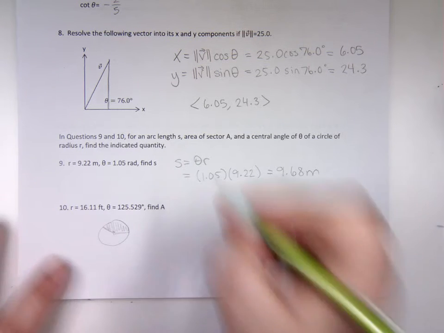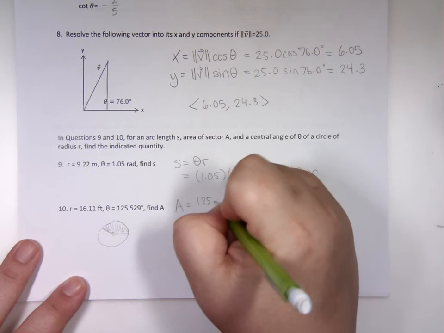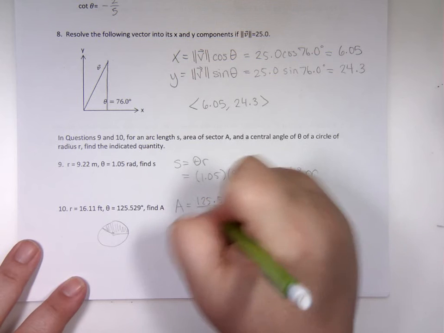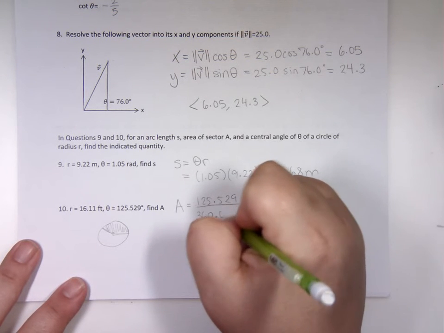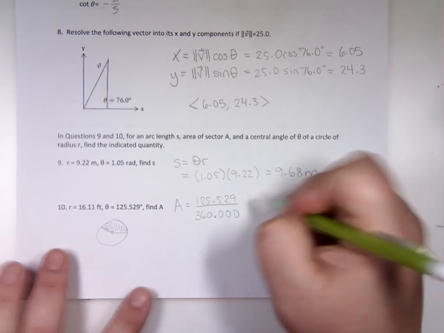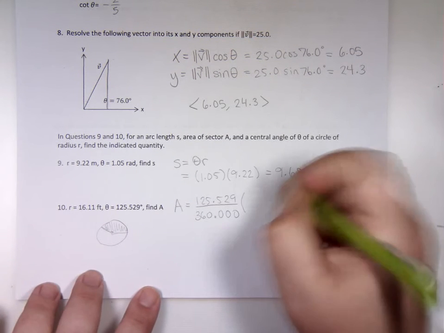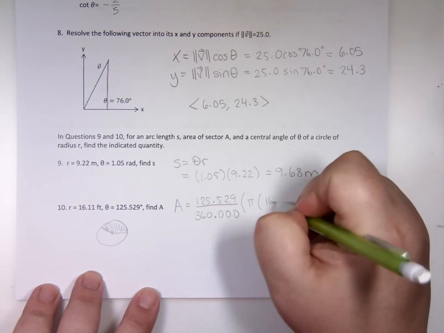So the area is going to be 125.529 over, and we can make this as precise as we want because we know it's exact, 360.000. So that's how much of the circle is taken up by that piece, times the area of the circle, which is pi times 16.11 squared.